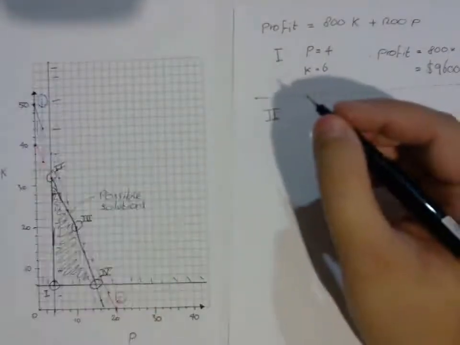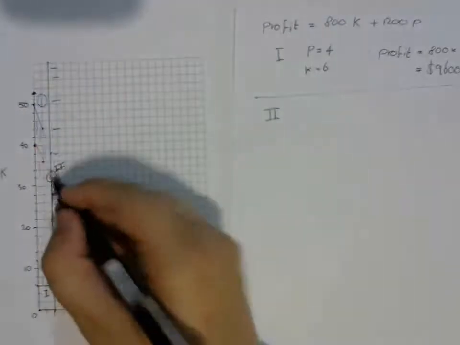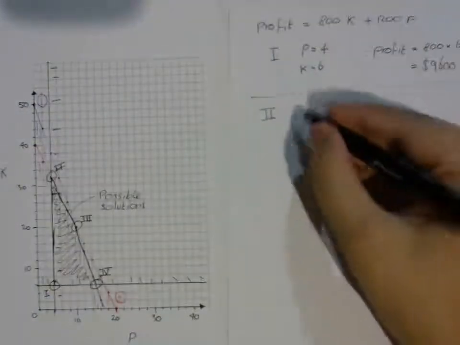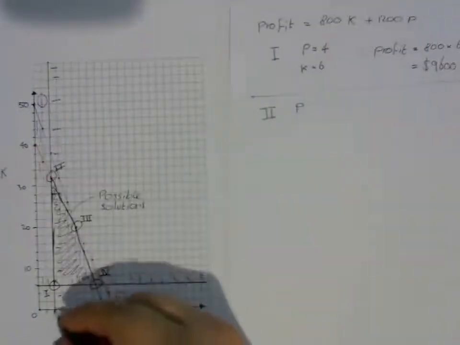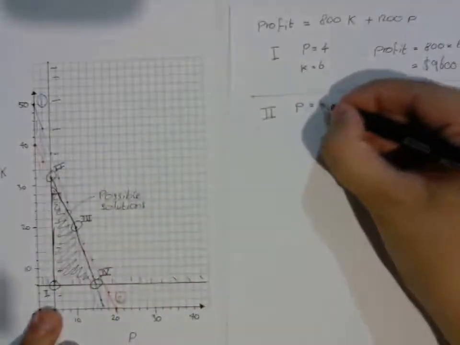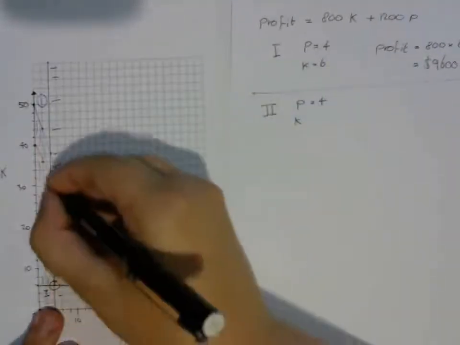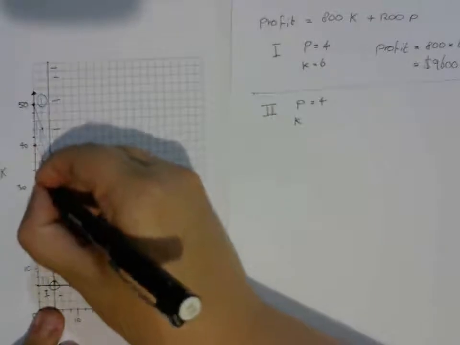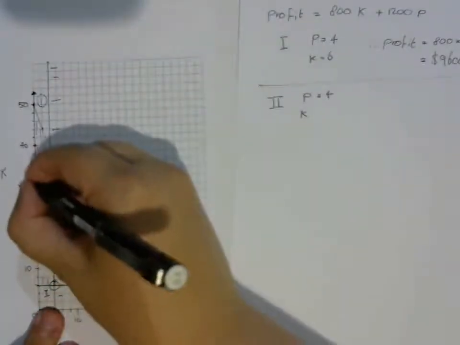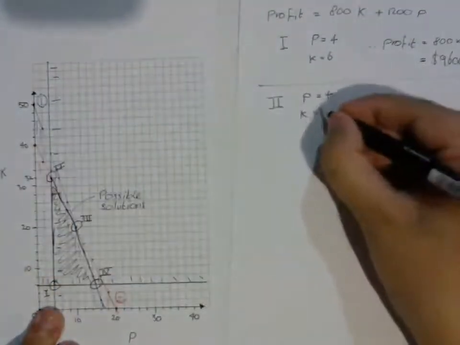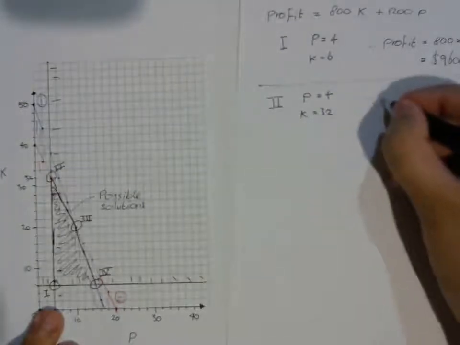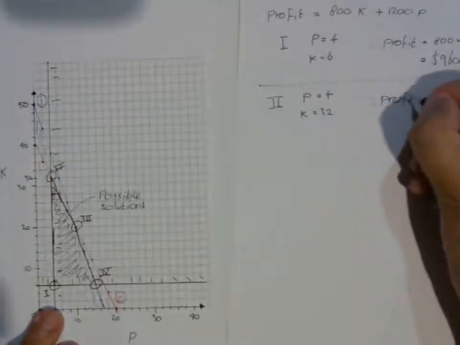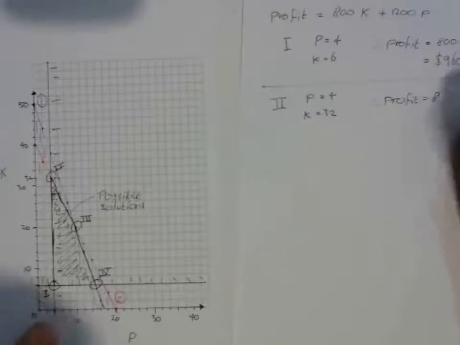Okay, point 2 is this point up the top. At that point, P is still 4, but K now changed to be 32. And again, we'll calculate the profit. You can actually see all of that.